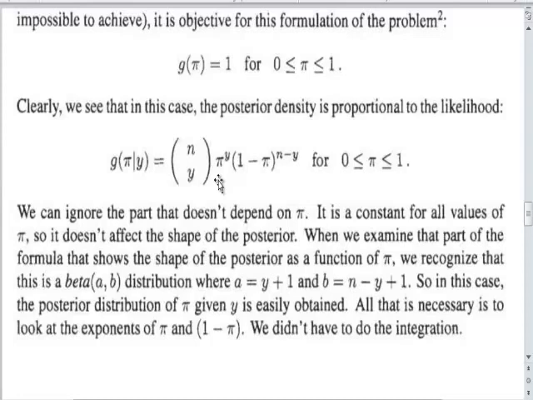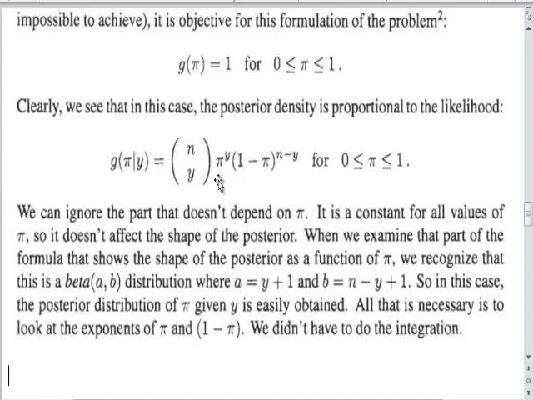It's easy to maximize, especially if you take logs. One important thing to note is that maximizing the likelihood will lead to the same result as maximizing the log likelihood. This seems a little bit strange sometimes.